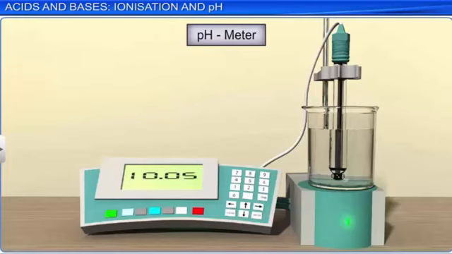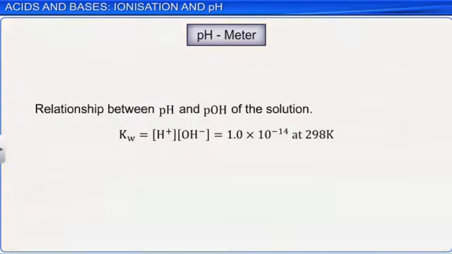A pH meter is an electronic instrument that measures the pH-dependent electrical potential of the test solution. As we saw earlier, the ionic product of water at 298 Kelvin is equal to the product of the concentration of H plus and OH minus ions, which is equal to 1 multiplied by 10 to the power of -14.